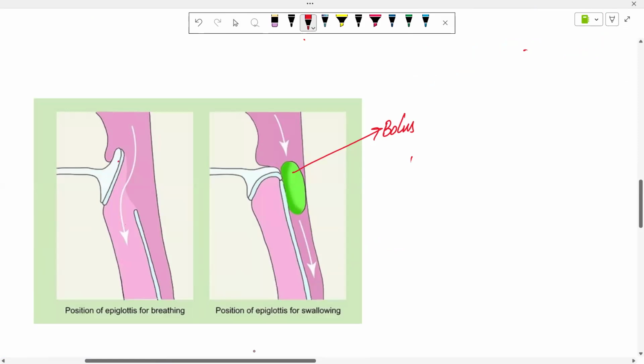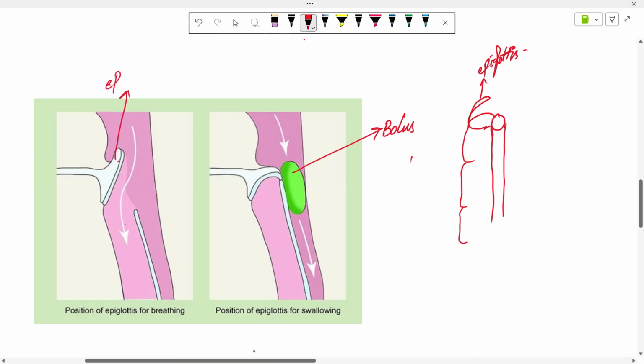Now there are two tubes. One is known as the esophagus, and the other one is the trachea, that is the windpipe. They are present side by side with each other, and the trachea is covered with a flap of cartilage known as the epiglottis. The epiglottis prevents the entry of bolus into the trachea.